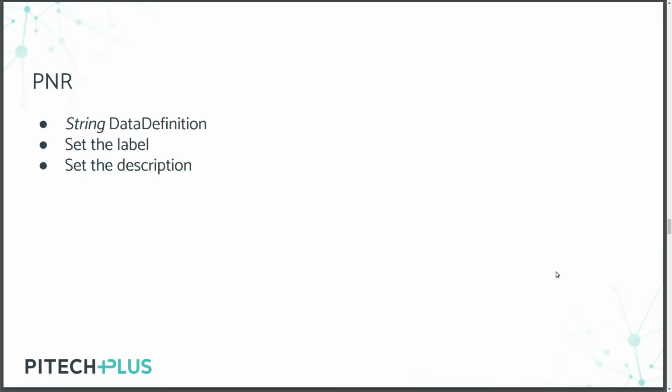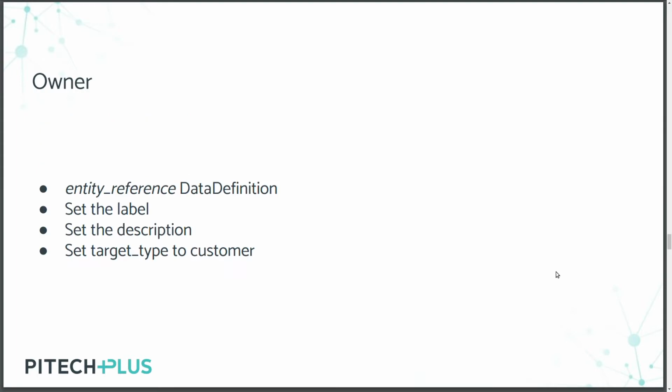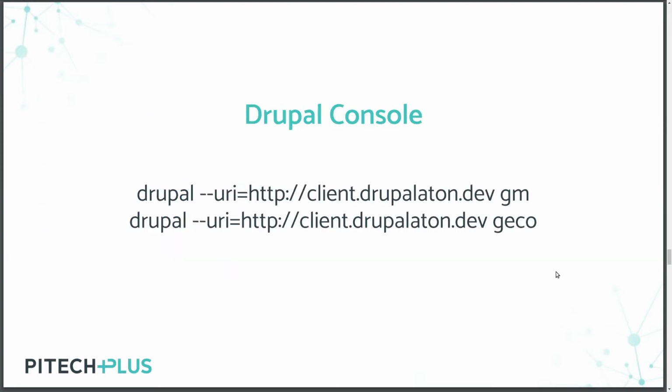Let's go back to the slide. So we have done these steps. Now we will do it a different way, and I'm not sure that everybody has Drupal Console installed or the launcher, but because Drupal Console works from within the project, these two commands should be able to run.